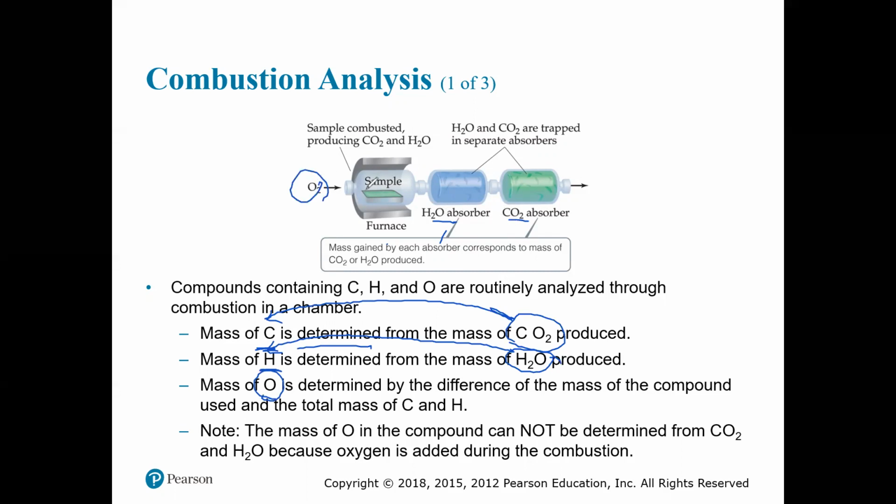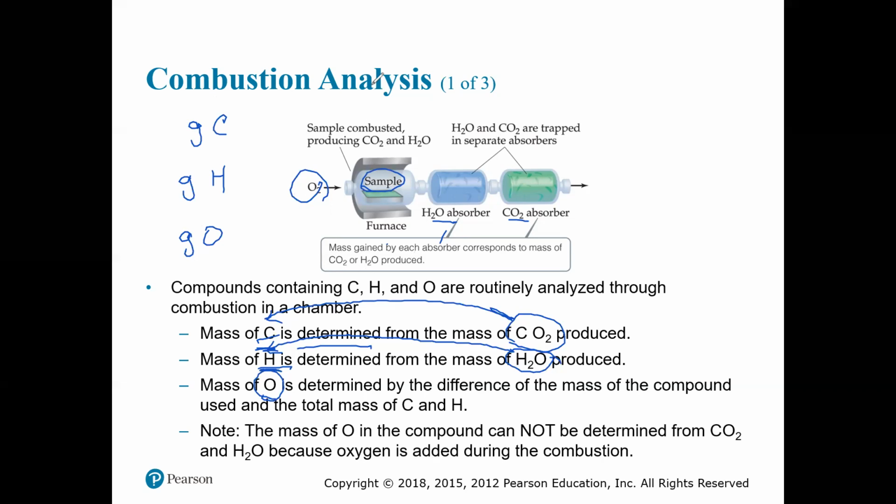So we would actually take the value of our sample, subtract the carbon that we calculated, subtract the hydrogen, and then we can get the amount of oxygen that's in the original sample. Once I know my grams of carbon, grams of hydrogen, and grams of oxygen, I can then go through the process of figuring out my empirical formula.